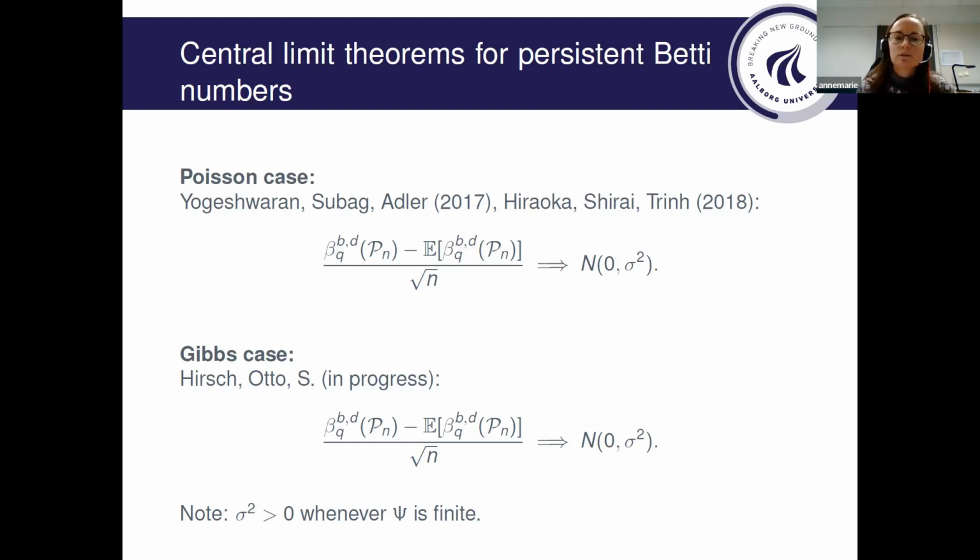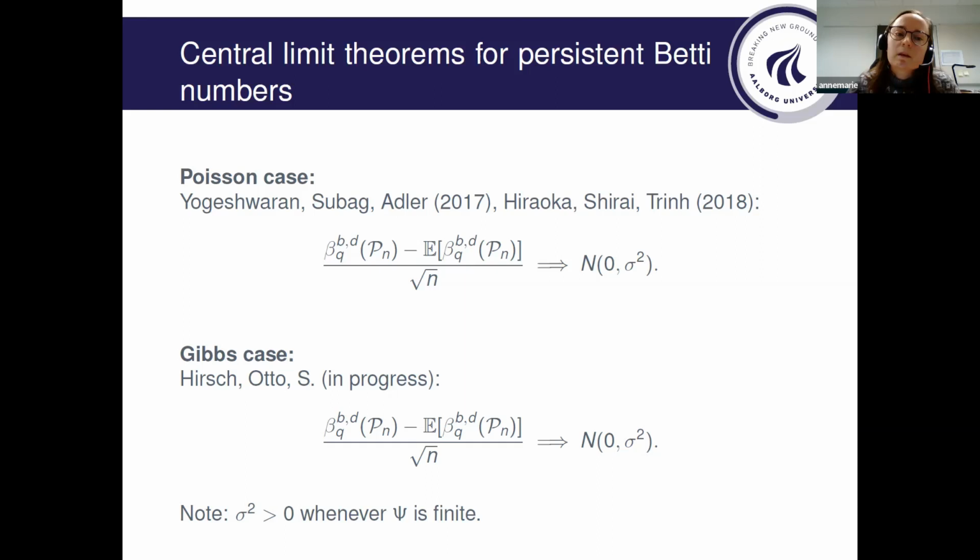So the guideline is you should choose B and D before you do the analysis, and maybe you don't really have a good idea of what is a good B and D before you have seen the persistence diagrams, but they should somehow come from your intuition, like what part of the persistence diagram you think is interesting.